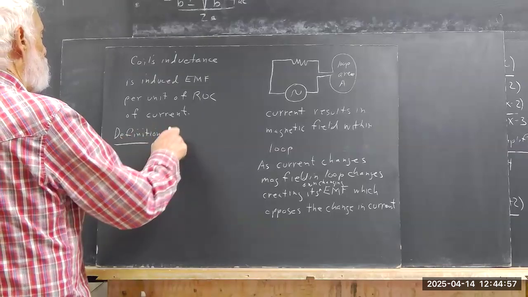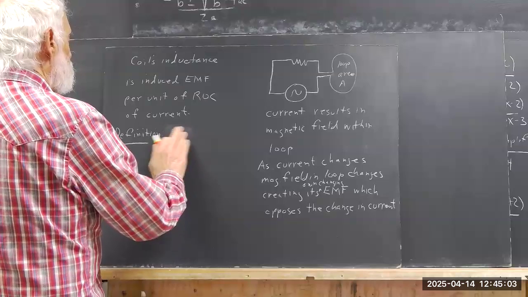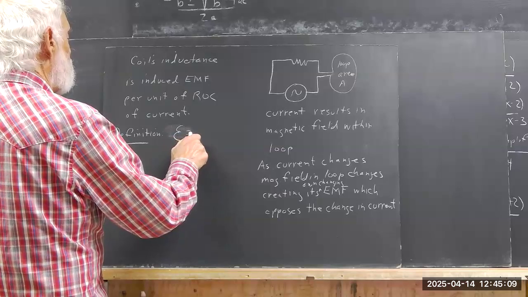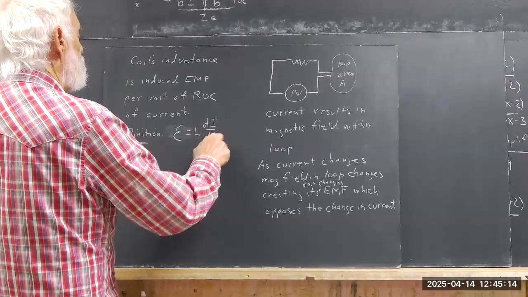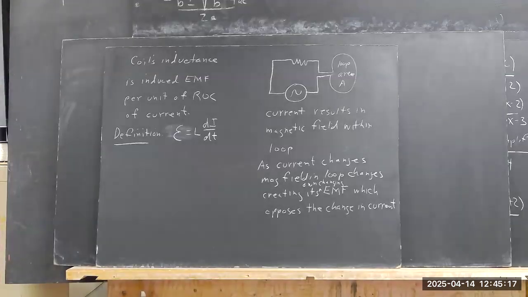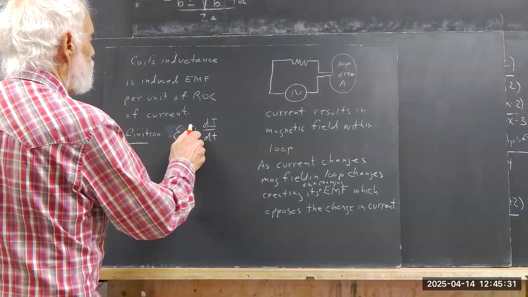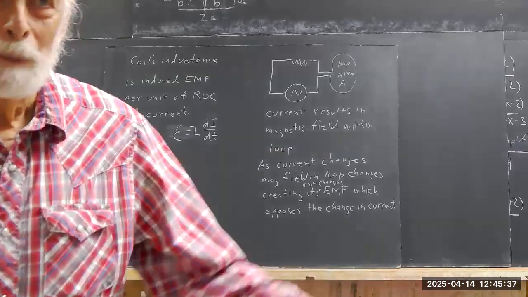The definition is: EMF is L, the symbol often used for inductance, times the rate of change of current, and it would be negative, because it's a back EMF.